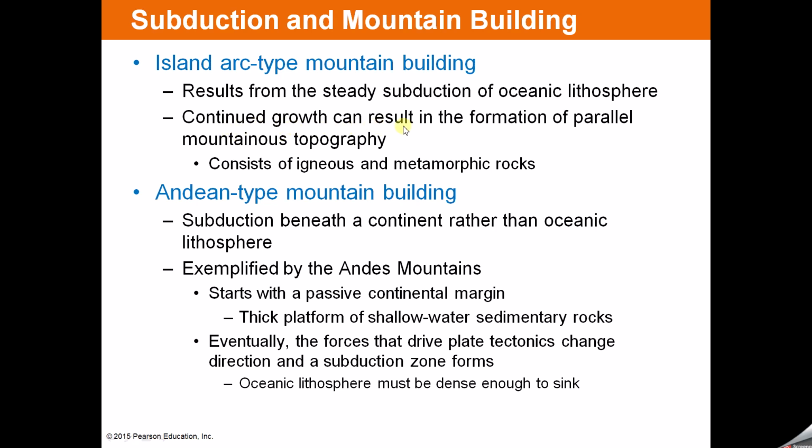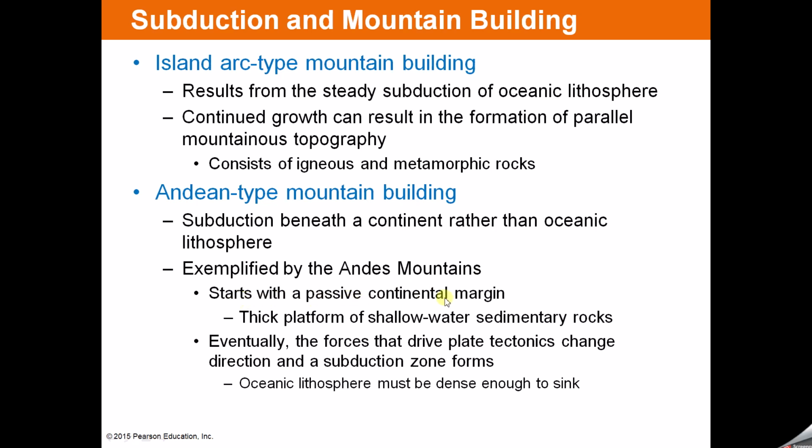Continued growth can result in the formation of parallel mountainous topography, consisting of igneous and metamorphic rocks. Okay, so we have Andean-type mountain building: subduction beneath a continent rather than oceanic lithosphere, exemplified by the Andes Mountains.